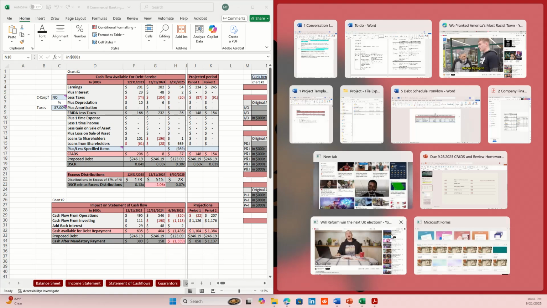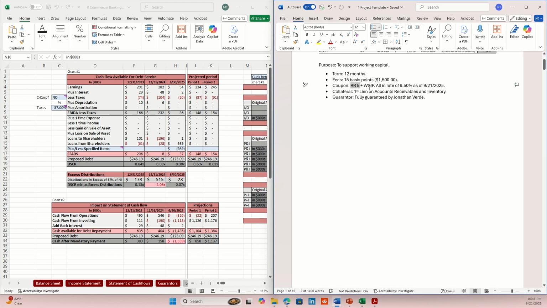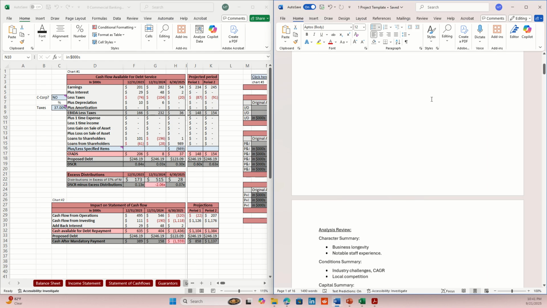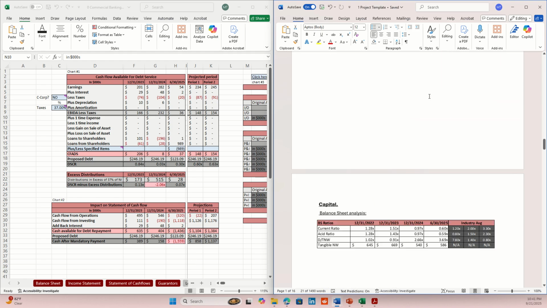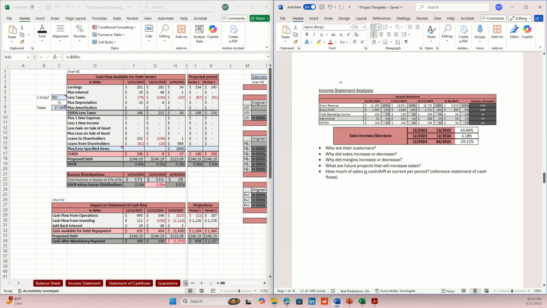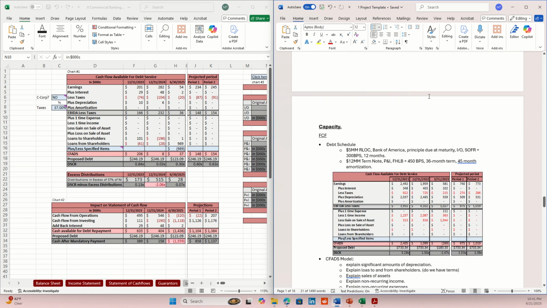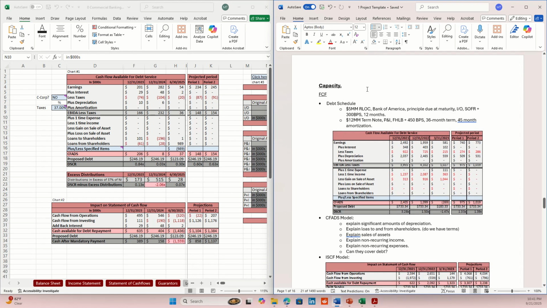All right. We'll print the most. Where is it? Here we go. Okay? Remember, I updated this already. We're going to come down to the capacity section, free cash flow.